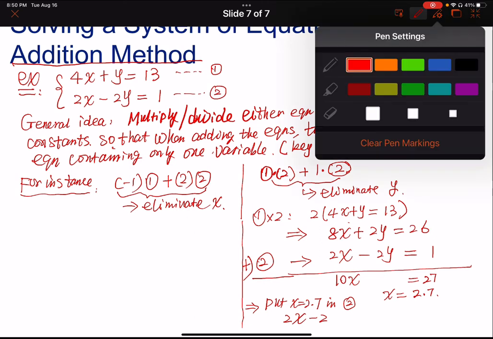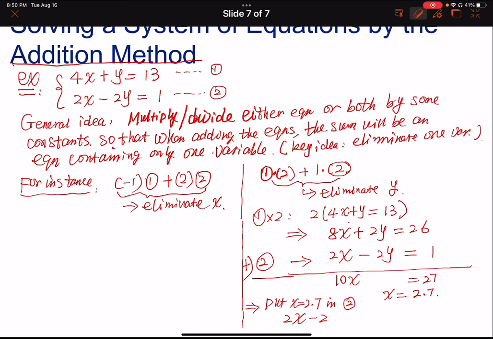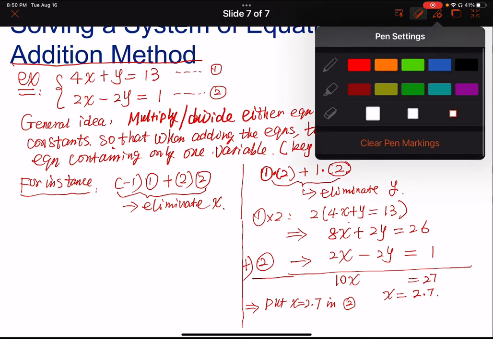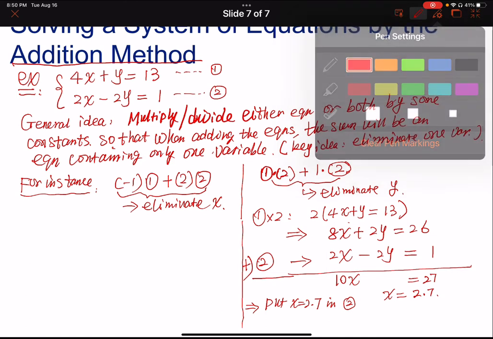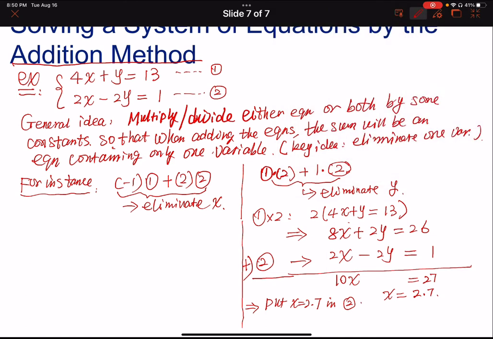So I would have 2 times 2.7 minus 2y equals 1. Well, 2 times 2.7 is 5.4, minus 2y equals 1.